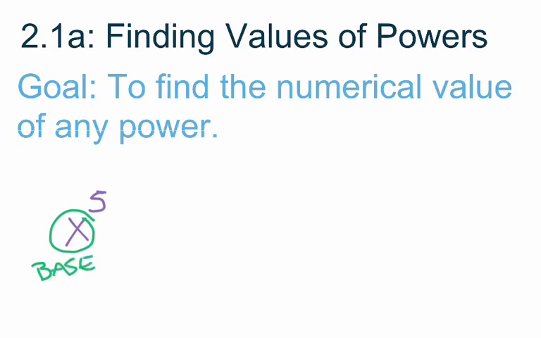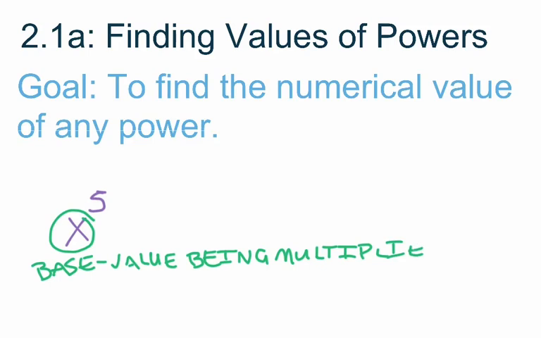And the base is the value being multiplied by itself. So our first term is the base, and that's the value being multiplied by itself.